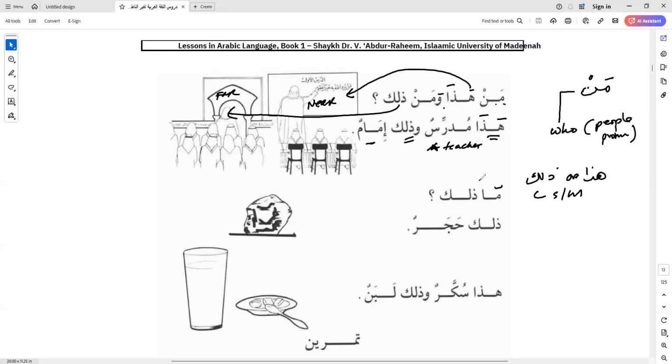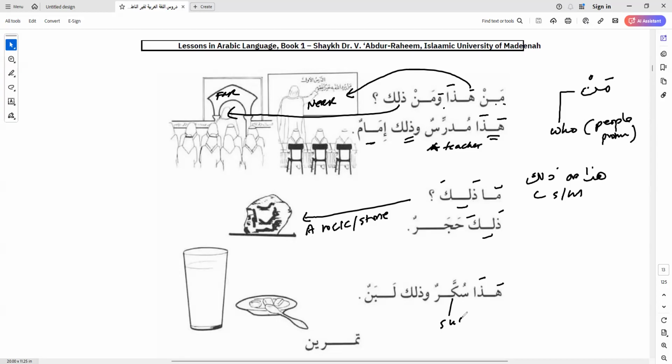ما ذلك? What is that? This is a rock, or some people call it a stone. So ذلك حجر. That is a stone. هذا سكر. سكر is sugar.